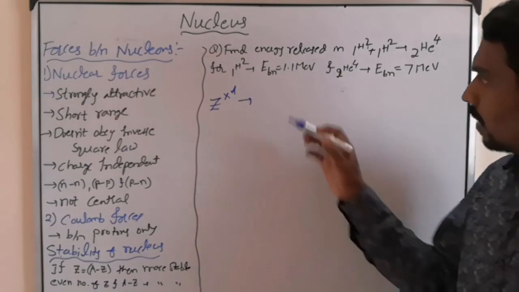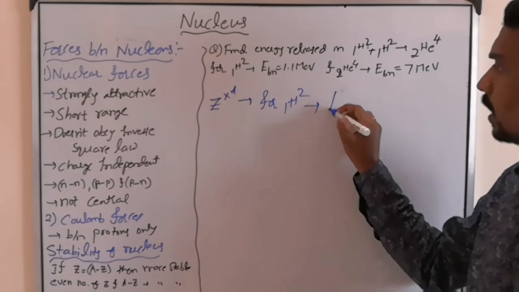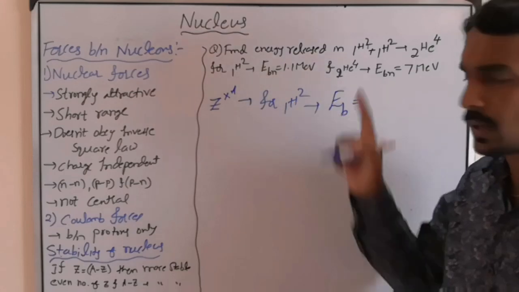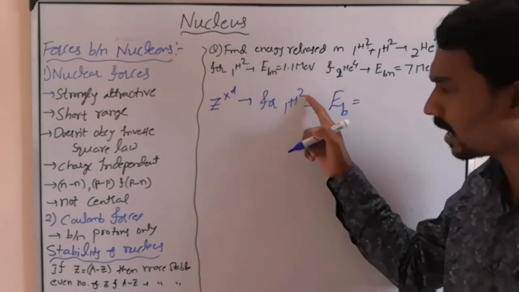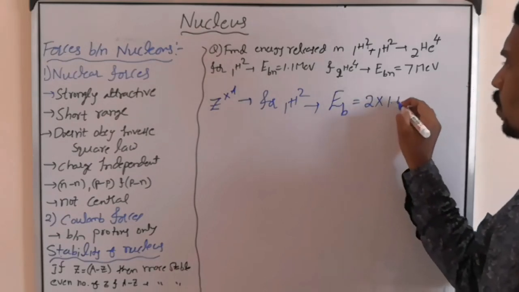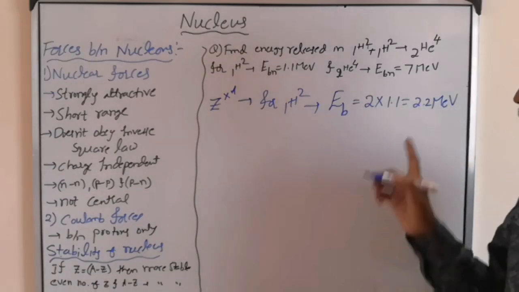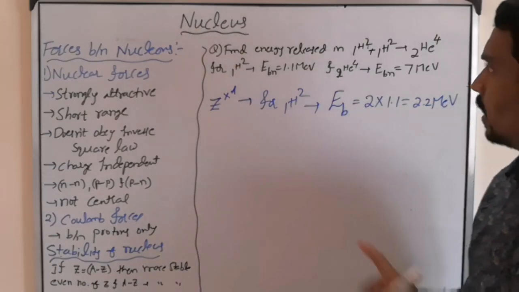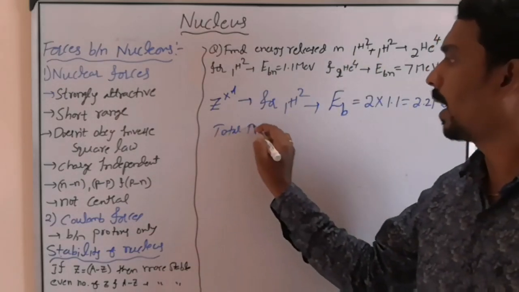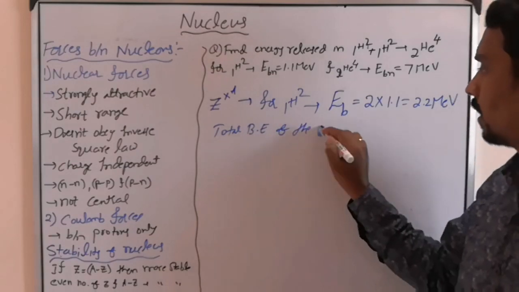So for 1H2, what will the binding energy become? For one nucleon this much, but how many nucleons are there? 2 nucleons. So what is the total binding energy? 2 into 1.1, 2.2 mega electron volt. This way you can get the binding energy. But how many are there? 2 are there. So the total binding energy of the reactants.